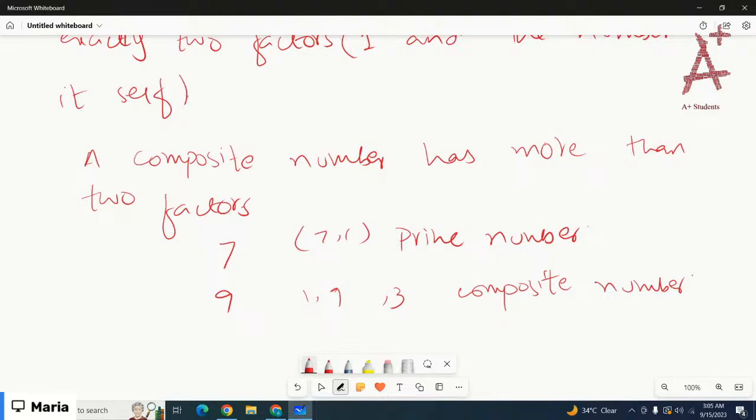That means a prime number has only two factors, and a number that has more than two factors is a composite number. You can see 7 has only two factors, 1 and 7, so 7 is a prime number. But 9, the factors of 9 are 1, 3 and 9.